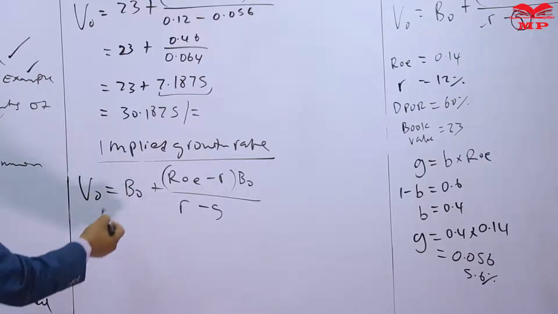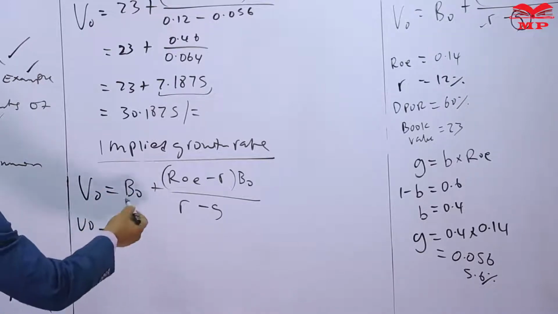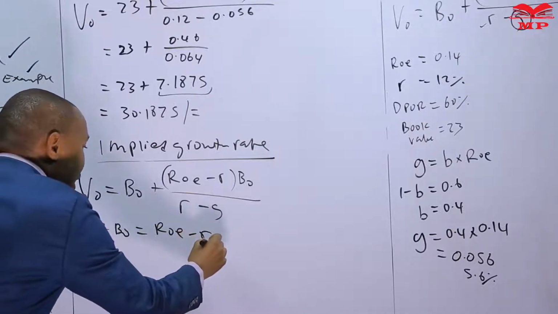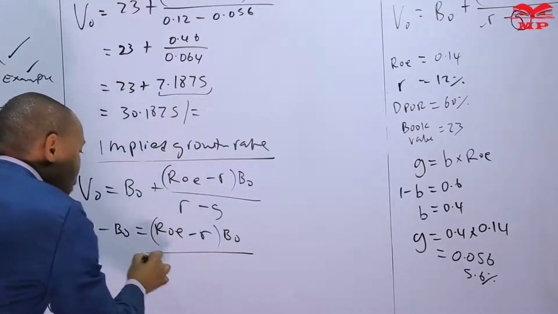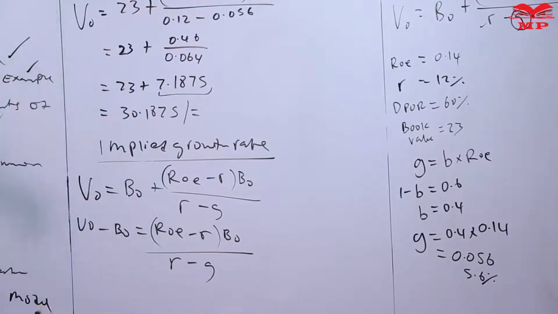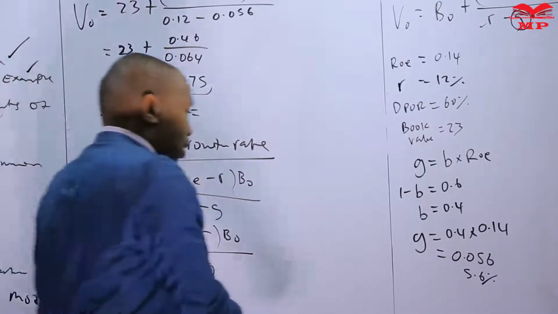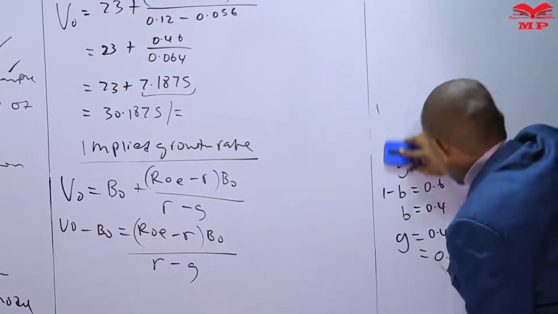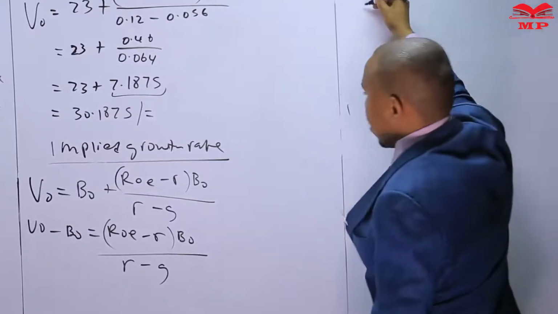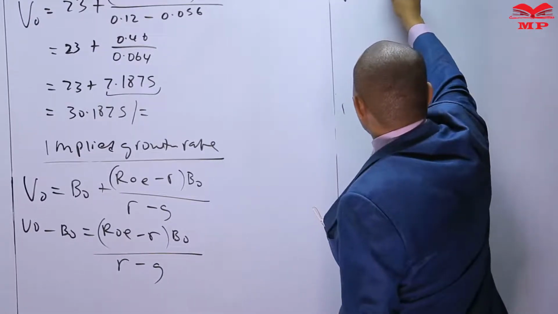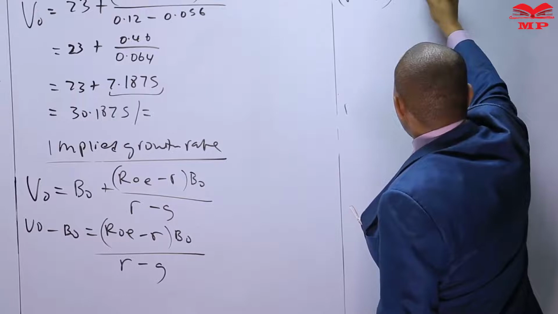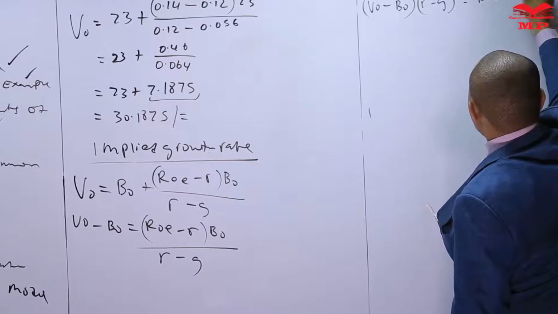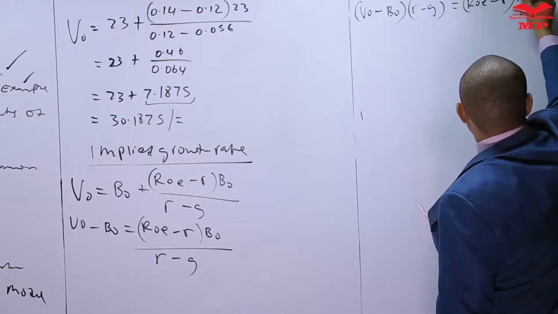Now, solving for G, we have V naught minus B naught is equal to ROE minus R times B naught over R minus G. So cross multiply. On cross multiplication, we have V naught minus B naught on that side, and then R minus G is equal to ROE minus R multiplied by B naught.